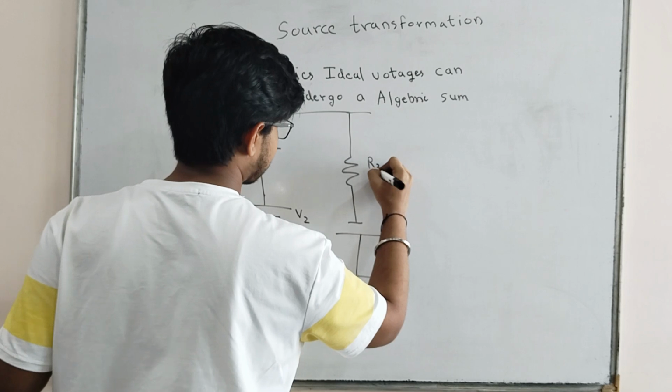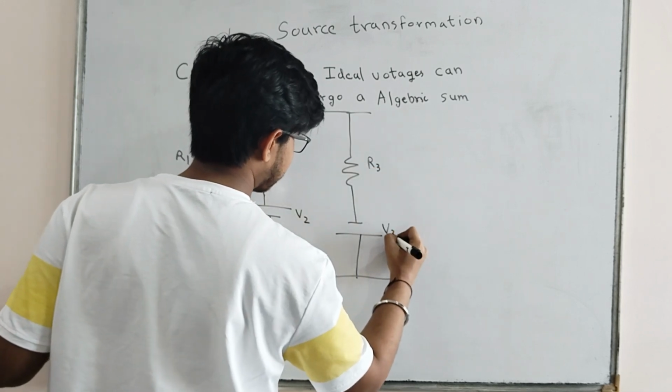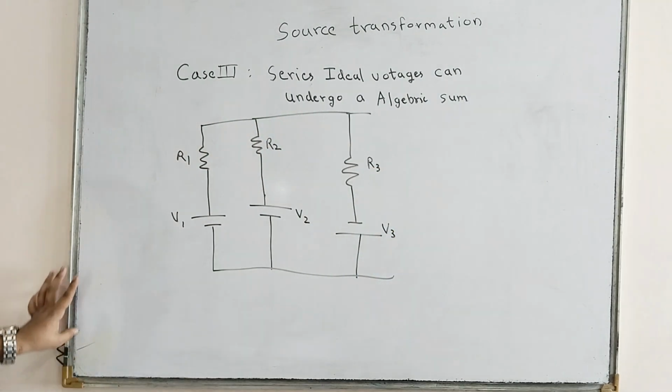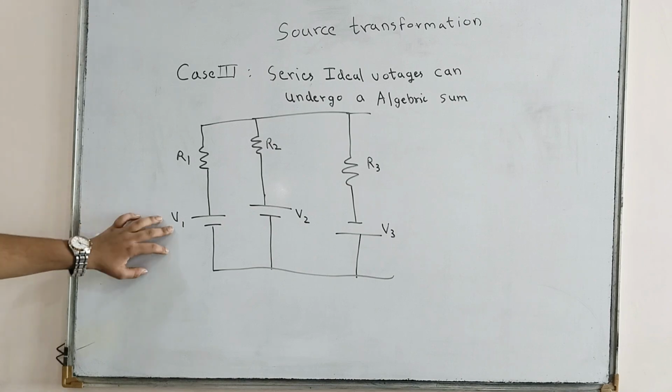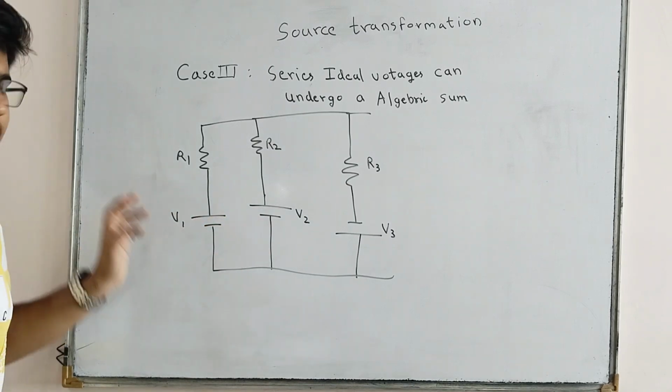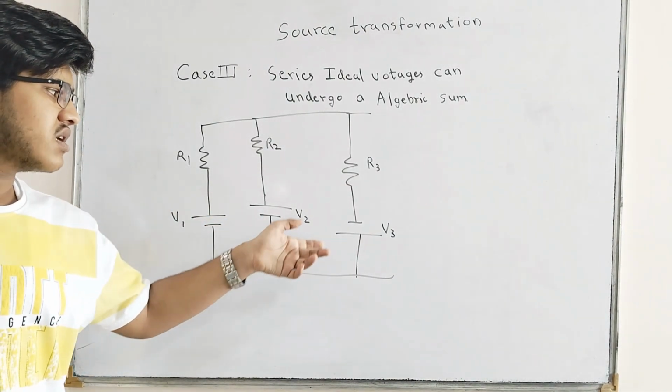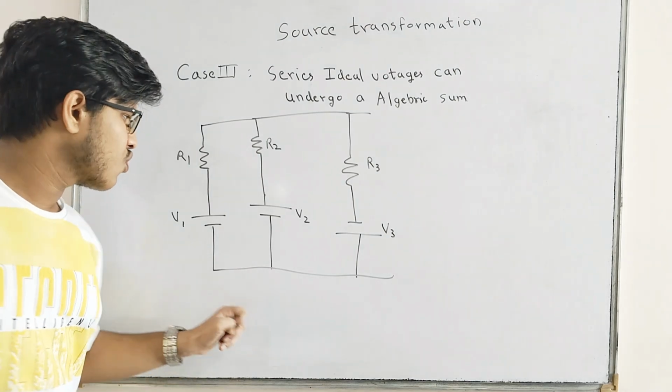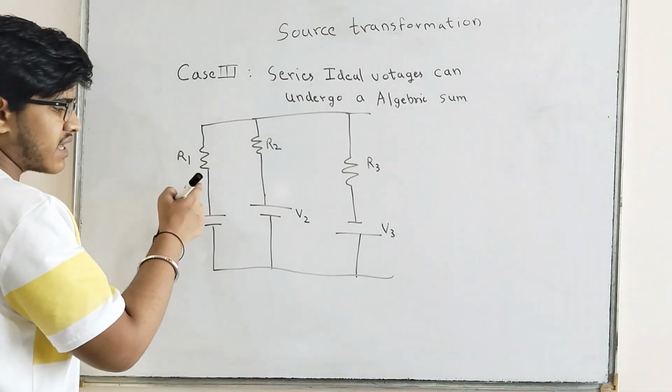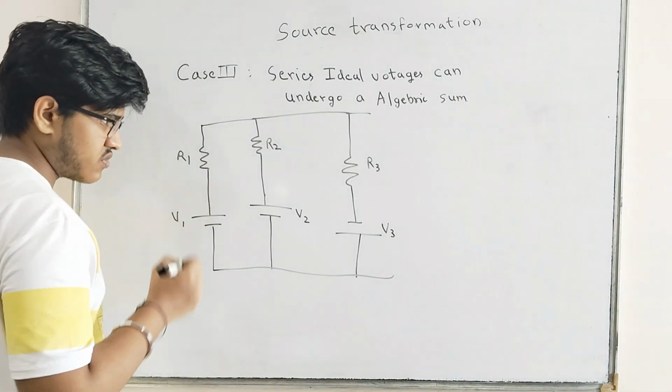This is my R3 and this is my V3. The point to be noted is that V1 and V2 have the same direction and V3 has the opposite direction. So we will consider this direction to be positive.